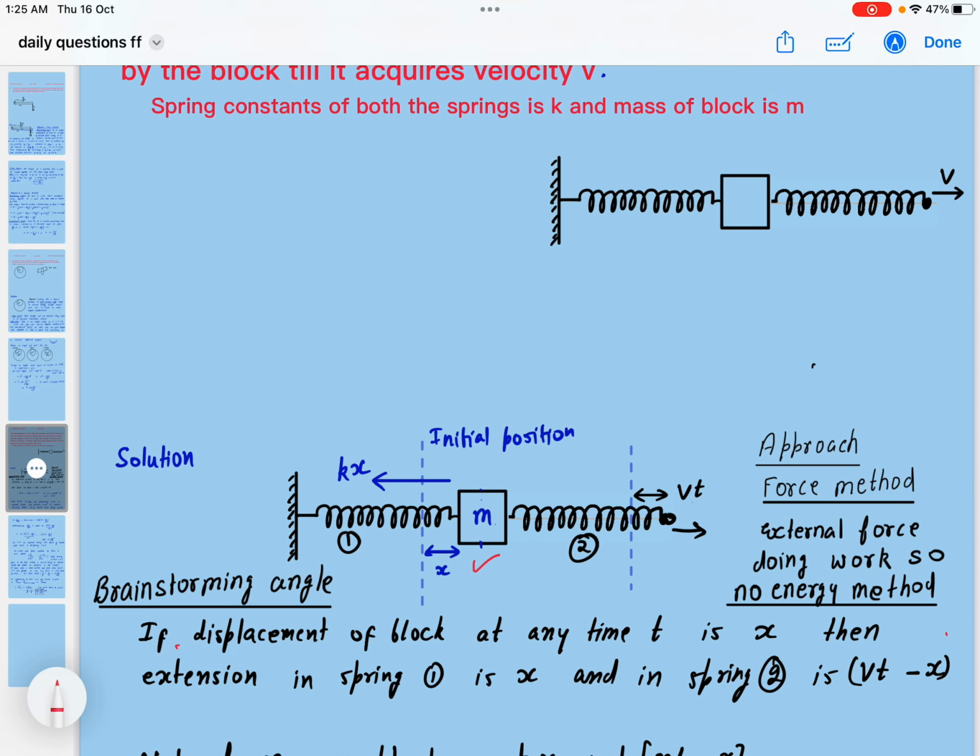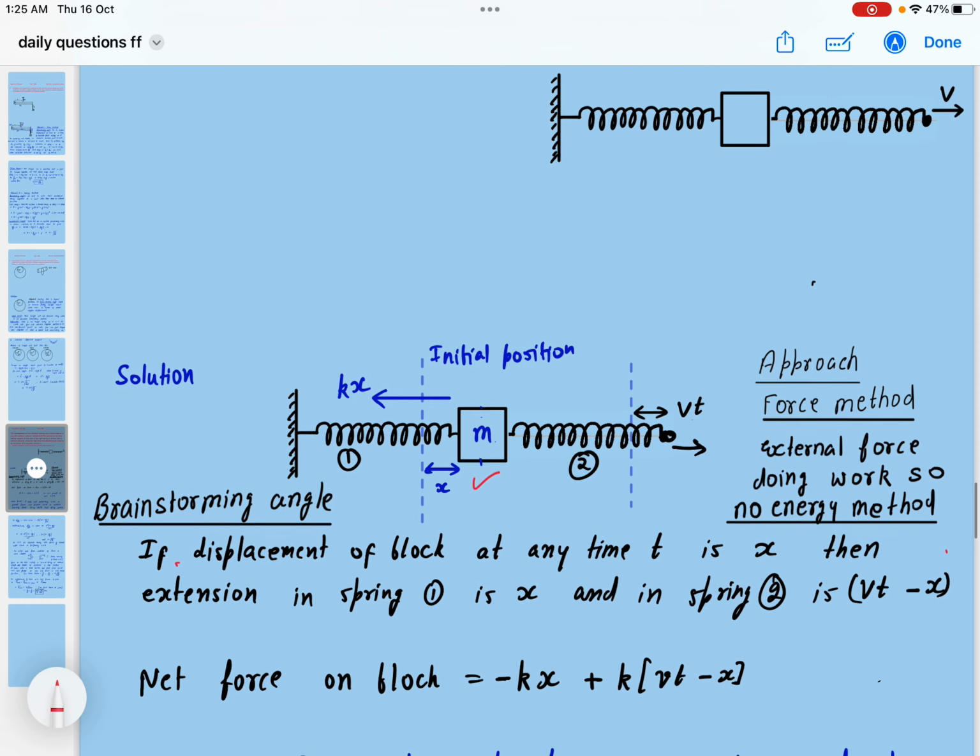The spring force acting on m due to spring 1 is kx towards left, and due to spring 2 will be k times x', where x' is the extension of spring 2. So what will be the extension of spring 2? The displacement of the free end minus the displacement of the block, so Vt minus x. That is the extension of spring 2.